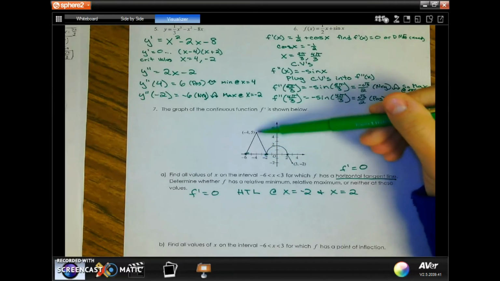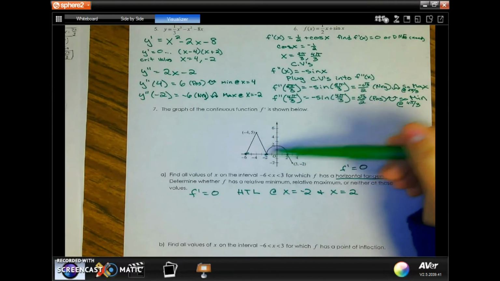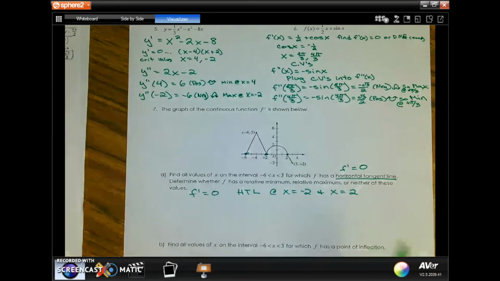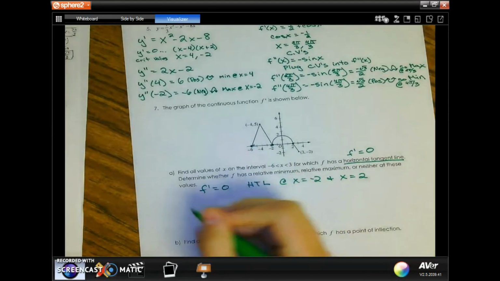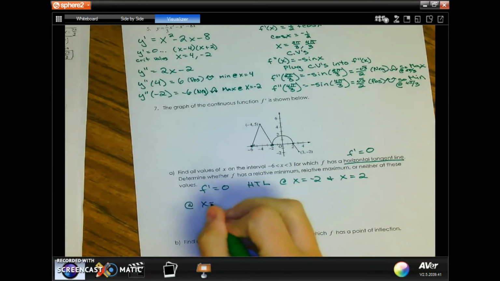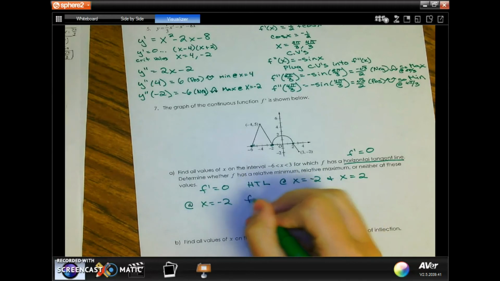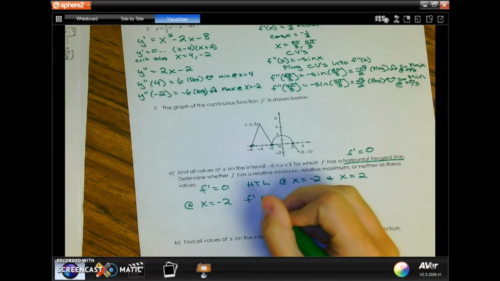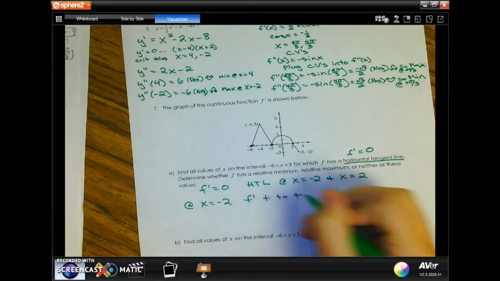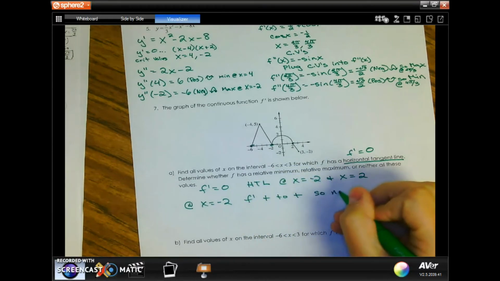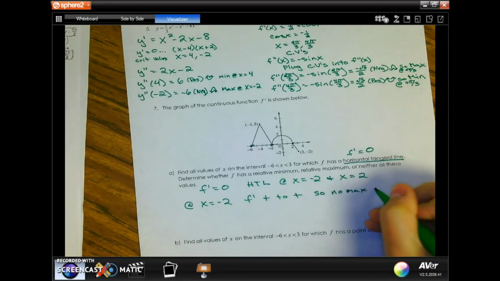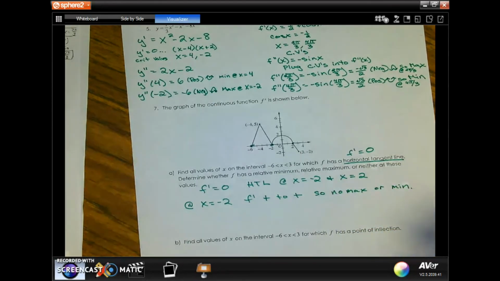If you look at -2, your derivative is positive and then positive. So there's no relative max or min at -2. So at x equals -2, the derivative goes from positive to positive. So no max or min. Okay, so I don't need to worry about that one.